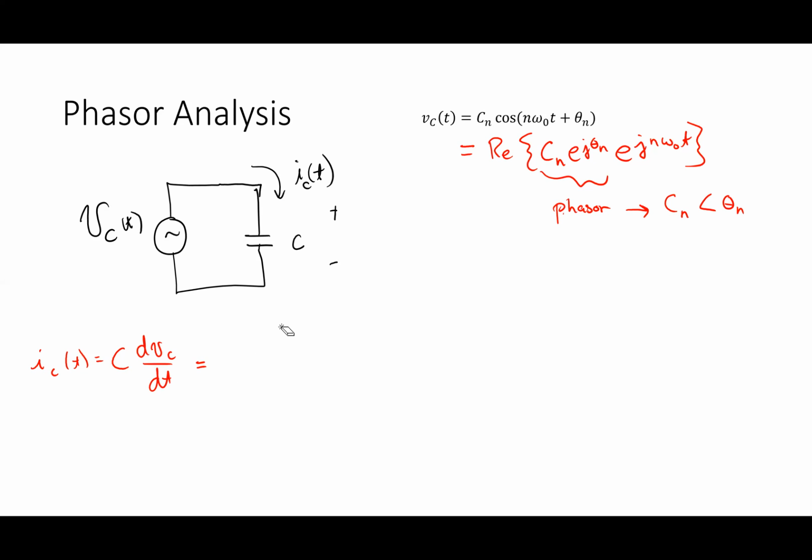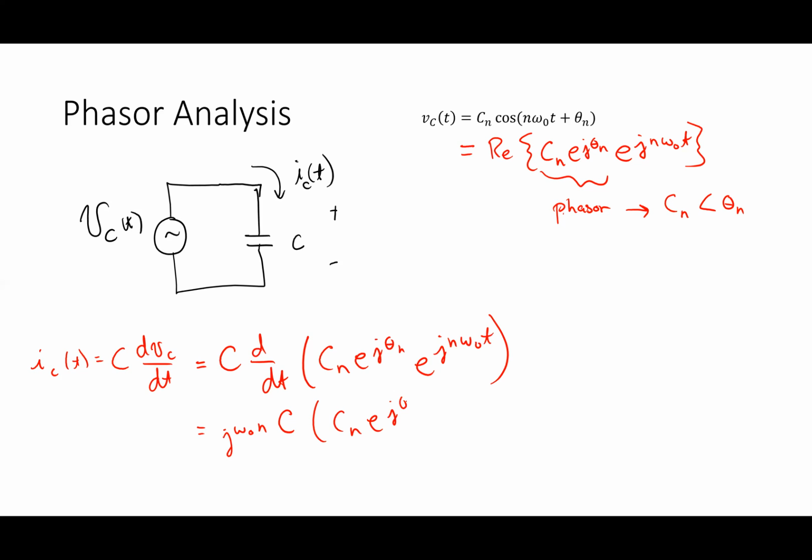I have C times the derivative of Cn e to the j theta n e to the j n omega naught t, like that. So what that tells me is I end up with j omega naught n times C times Cn e to the j theta n e to the j n omega naught t.